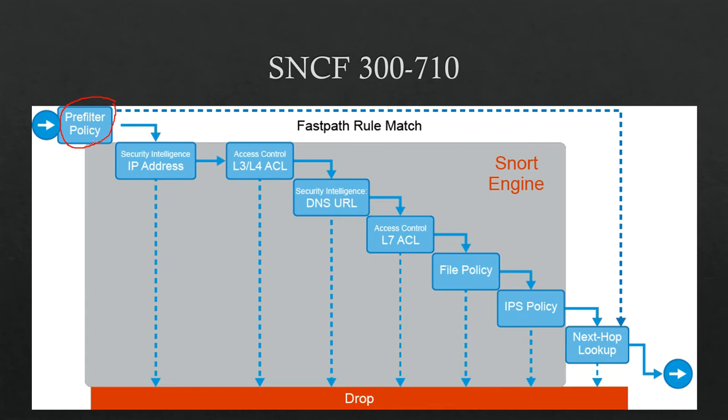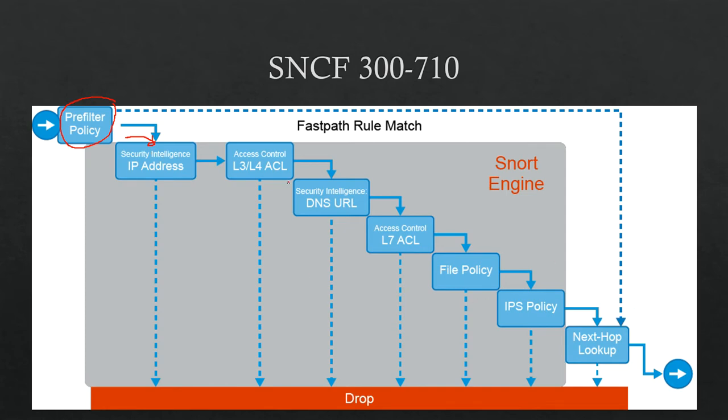If the pre-filter policy passes the traffic, then it will not need to go for security intelligence. This is the Snort engine, by the way. It will not need to go to the Snort engine, so it will go directly outside for the egress.